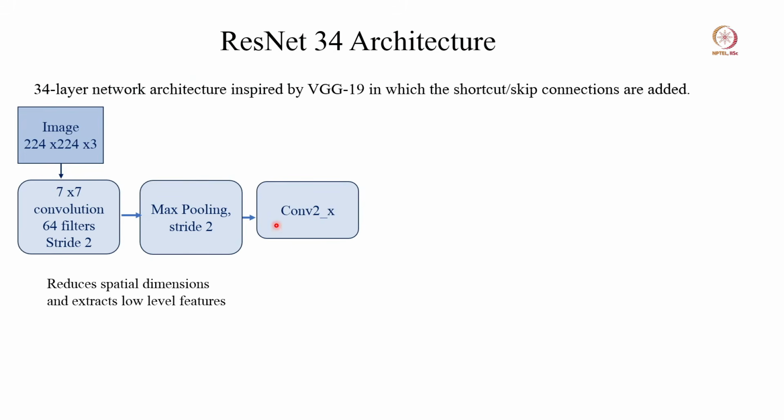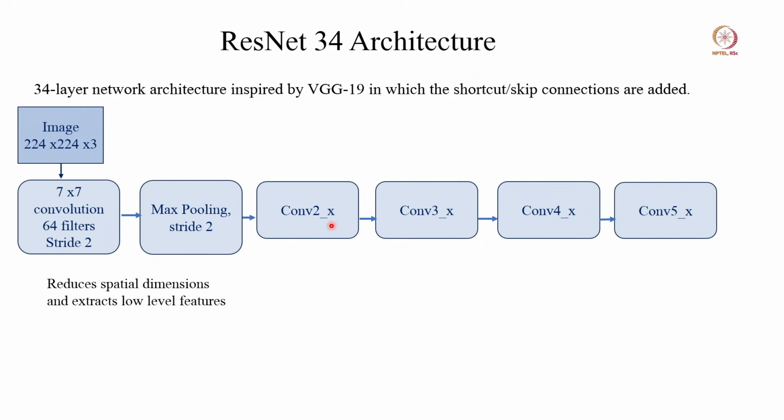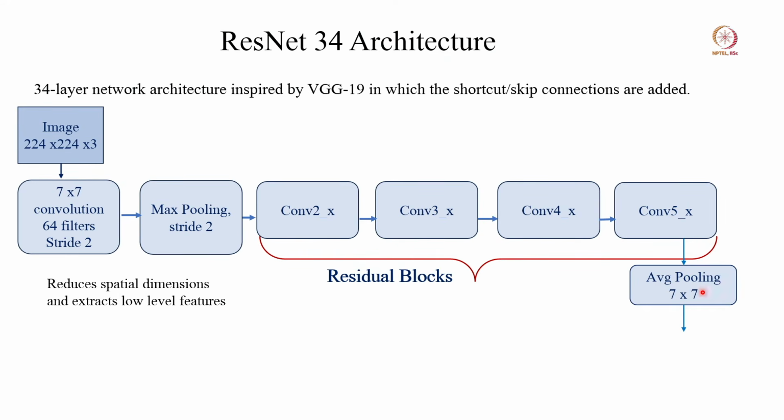Then we have conv2_x, conv3_x, conv4_x, conv5_x. These are various blocks which we will be talking about in my next slides, and these are basically the residual blocks. So, there are 4 residual blocks, and we will explain them in the next slide. And then after the conv5_x block, it goes to average pooling of 7 cross 7 size.